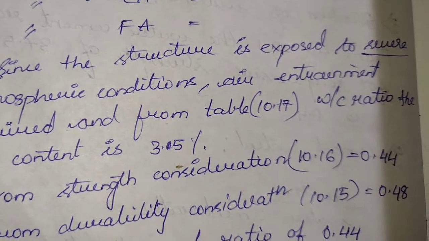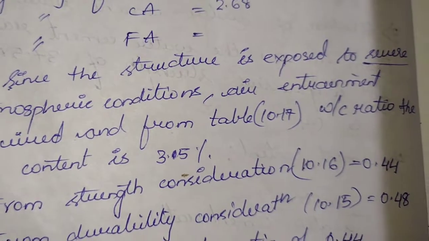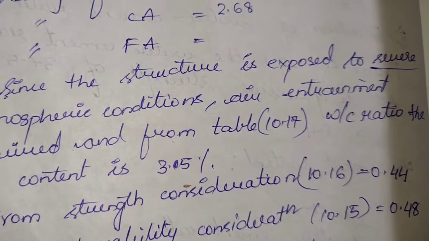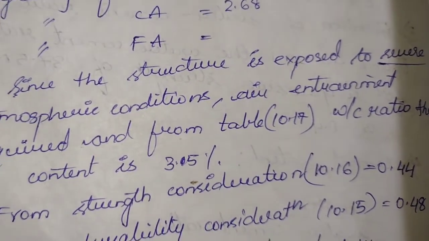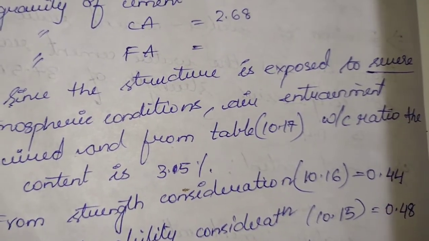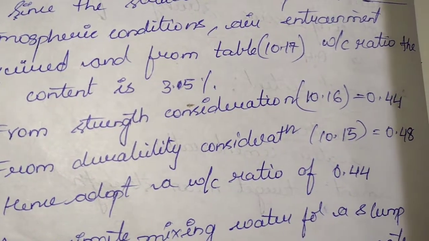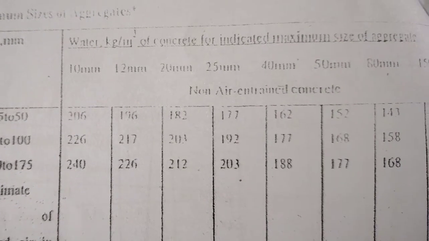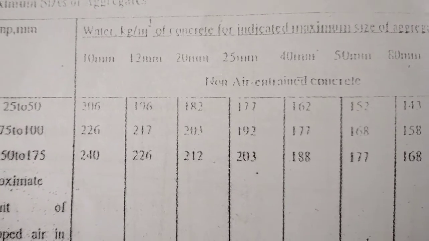So our first step is to determine the air content. Depending upon the atmospheric exposure conditions we will be determining the air content. This is required only for air entrained concretes. Our concrete mix design is as per the ACI 211 code book. So from table 10.17, we use the water requirements for different slump values.